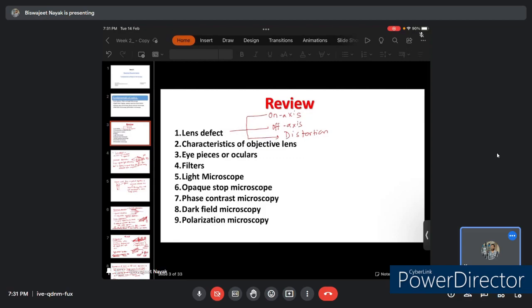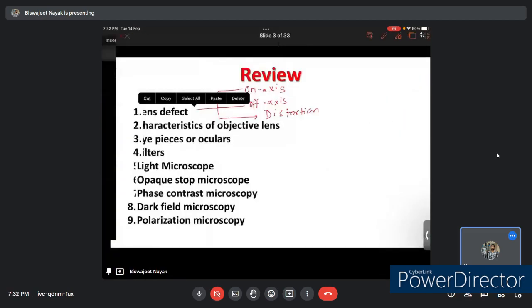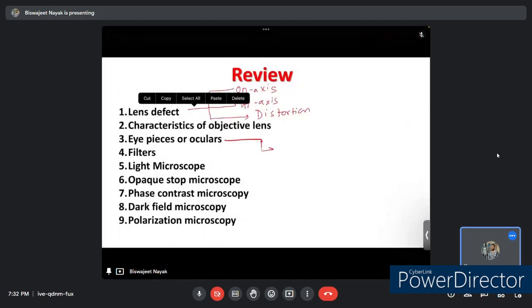There are basically two kinds of eyepieces we can have. One is field lenses and another one is eye lenses.